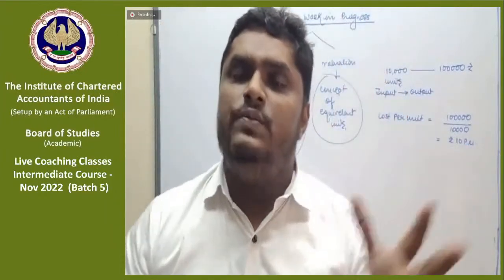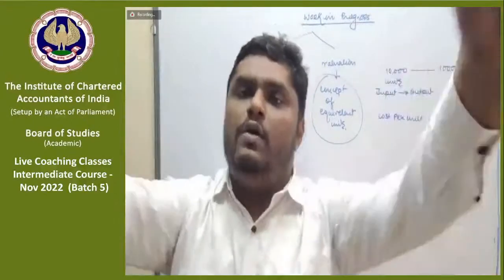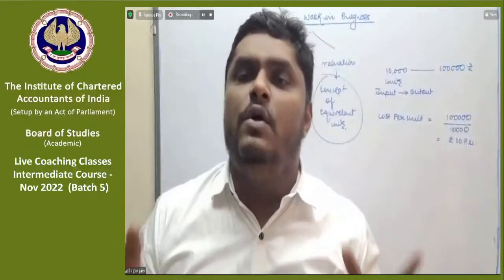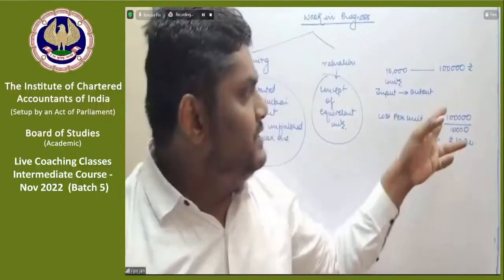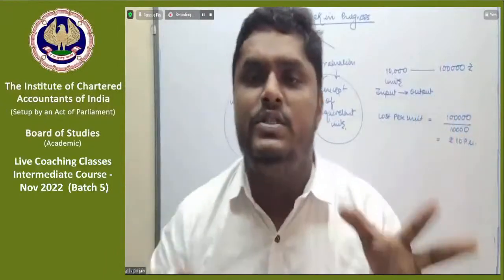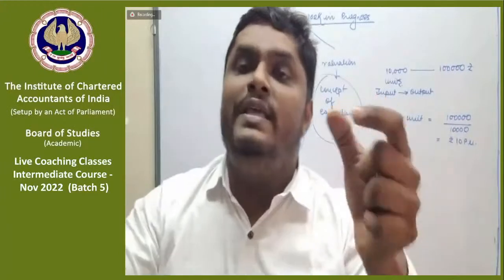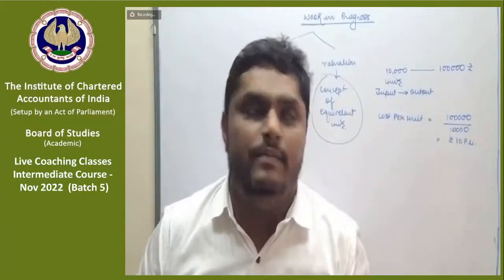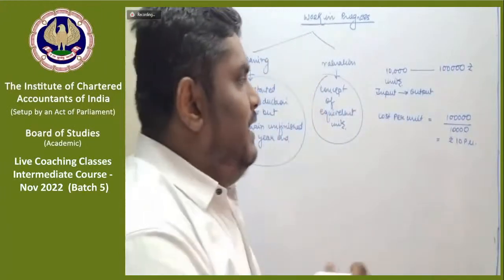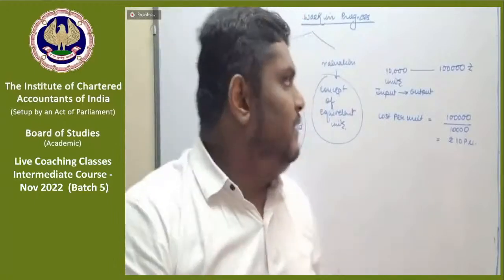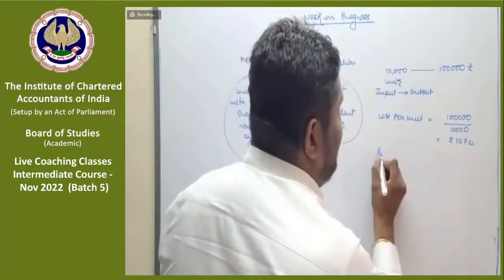So that's what we did till now. That is the total cost divided by the effective units, or we can say the expected output. That is 1 lakh divided by 10,000, that is rupees 10 per unit. This is what we have learned till now. Now, let's take a situation wherein these units are 60% complete.